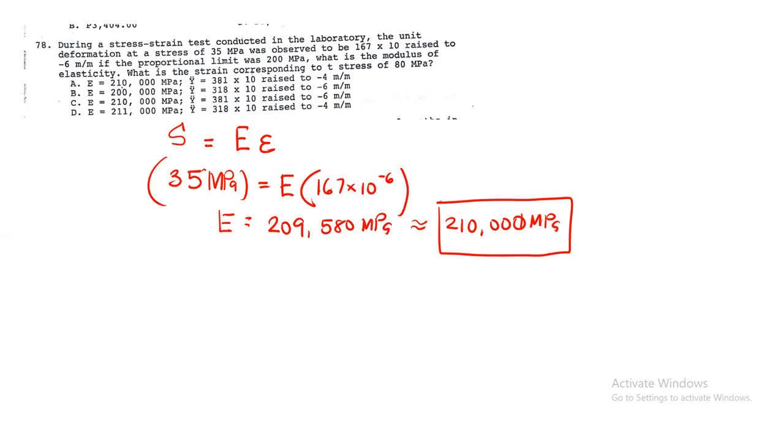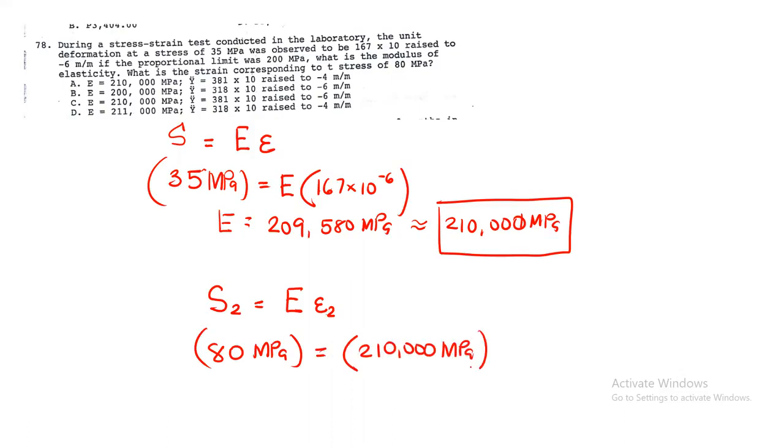Dalawa yung pagpipilian dito, no? Merong letter A, pwedeng letter C. Kunin naman natin yung strain corresponding to a stress of 80 megapascal. Stress 2 is equals to E times strain 2. Ang E hindi nagbabago yan dahil property yan ng material. So, 80 megapascal is equal to 210,000 megapascal times strain 2.